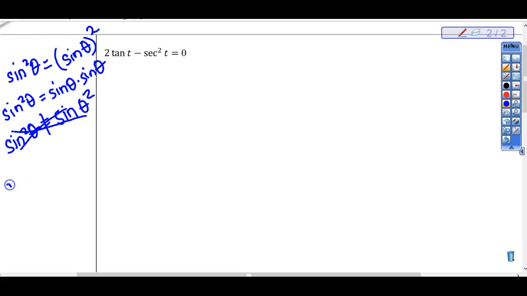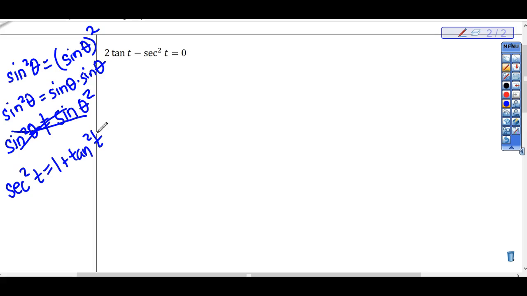Yes? The one that says this, secant squared, I'm going to do it in t since this one's in t, is equal to 1 plus tangent squared t. They exist together in that trig identity. So that means that I can replace secant squared t with 1 plus tangent squared t.